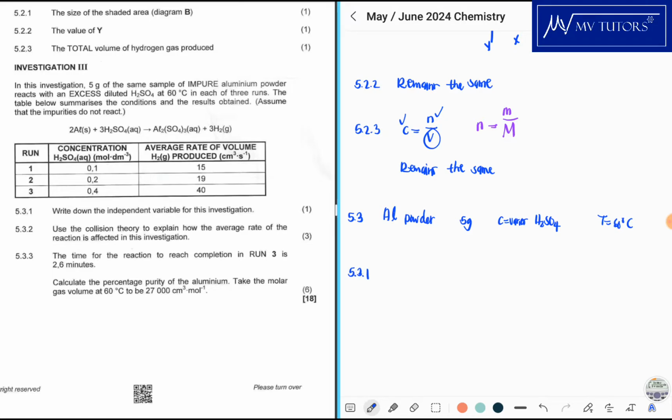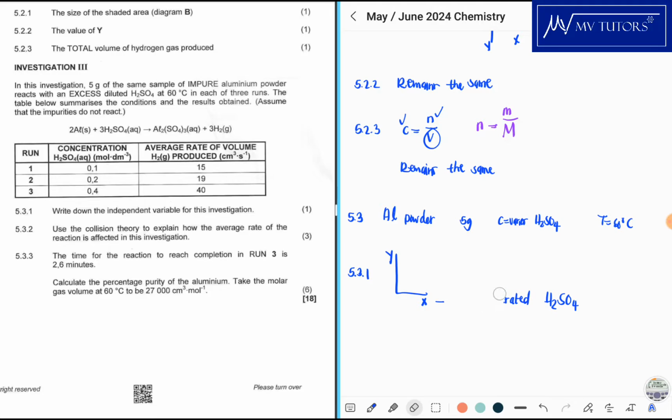Write down the independent variable for this investigation. Remember, independent is on the x-axis, dependent is on the y. What are we changing and what is dependent on what? The independent variable, which is the x-axis, would be concentrated, no, why am I saying concentrated? Diluted.